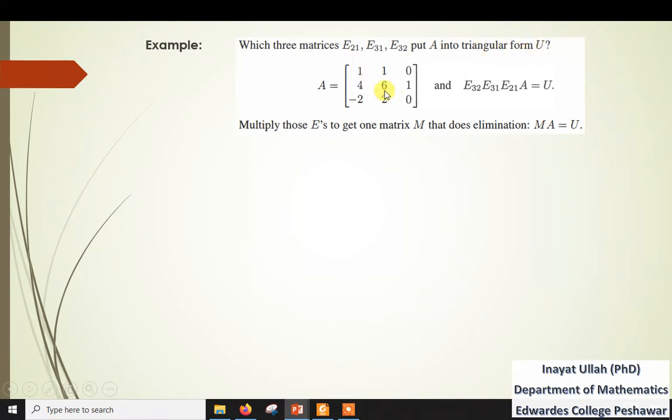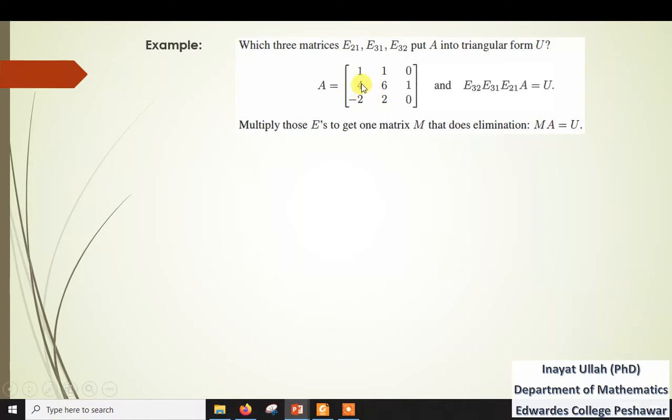What does it mean? It means that we need to convert this matrix into upper triangular form, so below this main diagonal we need to make all these 3 elements 0 by using elementary matrices. First of all, we need to make this 4 zero, then this minus 2 zero, and lastly this 2 zero.